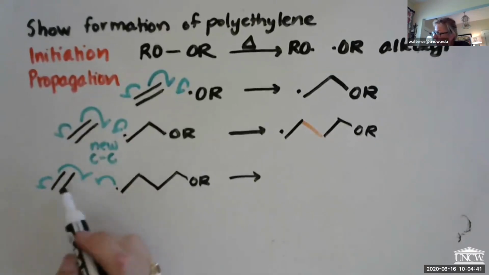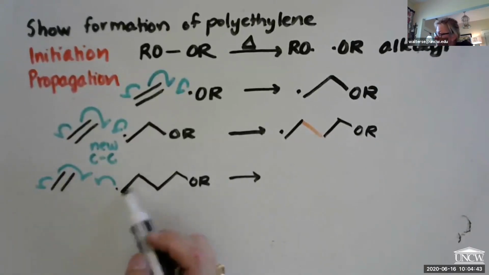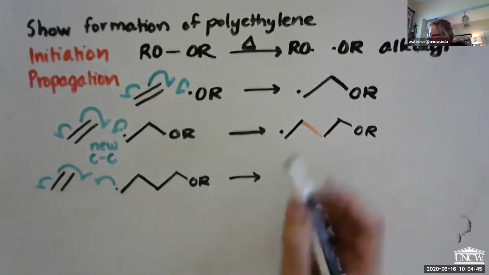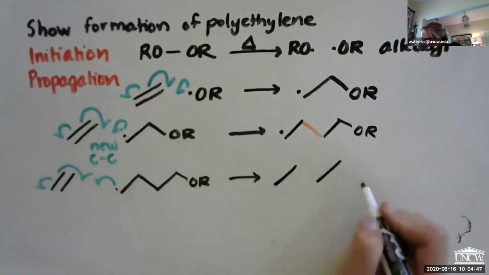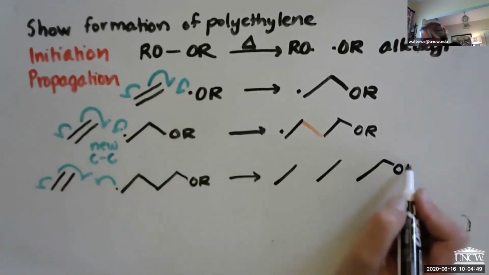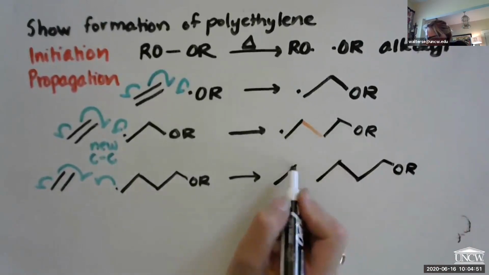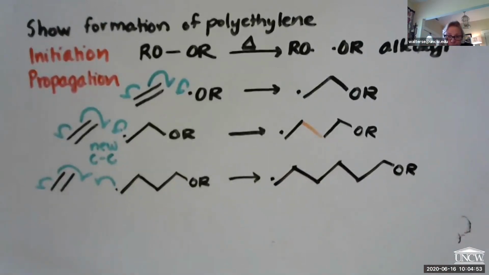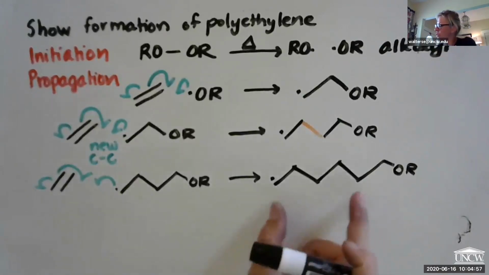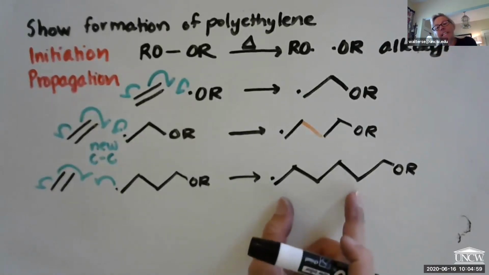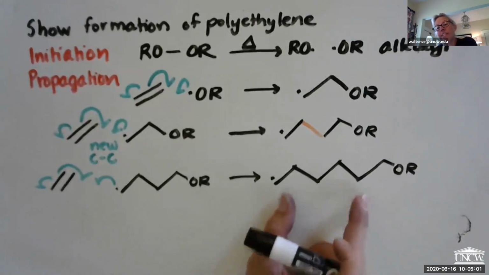Okay, now again, 2 carbons, 4, 6. Radical. Okay, so we've used 3 ethylenes so far to make this polyethylene.